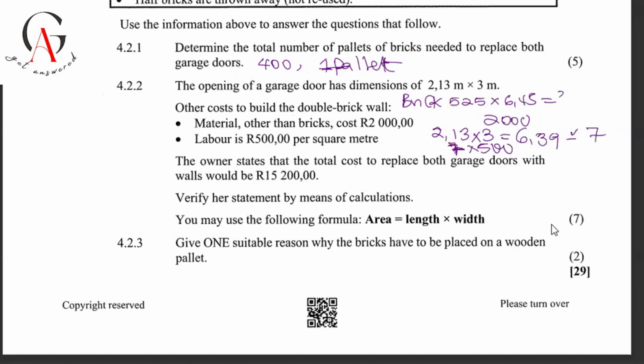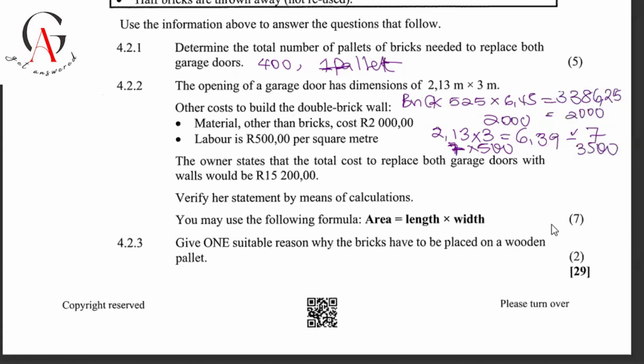The bricks are costing 3,386.25. The 2,000 is already there, plus the 500 times this, 3.5.